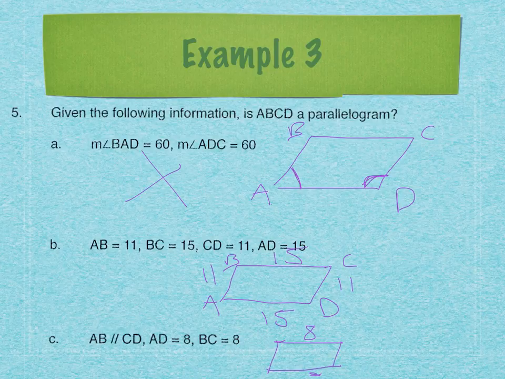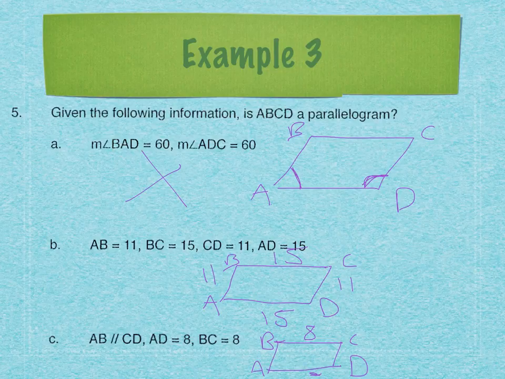Sorry, A is down here at the bottom. B, C, and D. Would that one be a parallelogram? I have one set of parallel sides, and then I have the other sides congruent. Does that one fit one of my sufficient conditions? It doesn't. This is the one we were just talking about, where it could be an isosceles trapezoid.